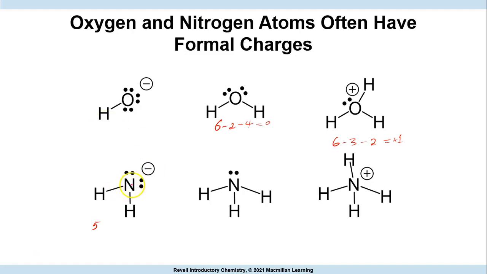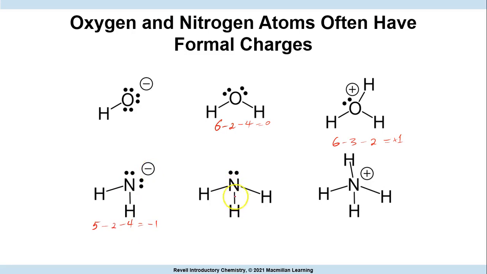So here for nitrogen, the number of valence electrons for the neutral atom is 5, minus bonds, we have 2, minus unshared electrons, we have 4. 5 minus 2 is 3, minus 4 is minus 1. So we have minus.